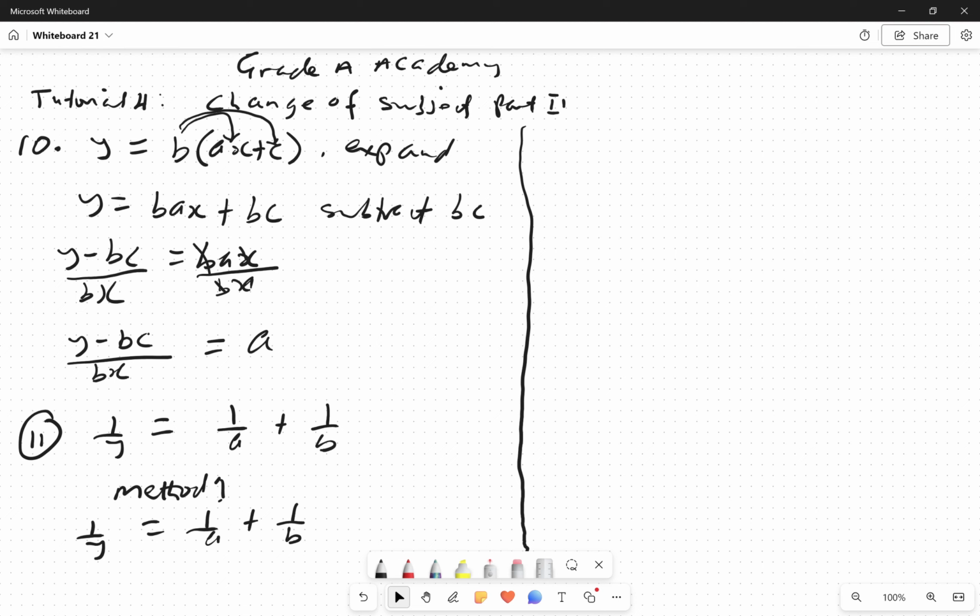So we're going to multiply each step by the LCM of the denominators. So we'll write here multiply each step by LCM of denominators.